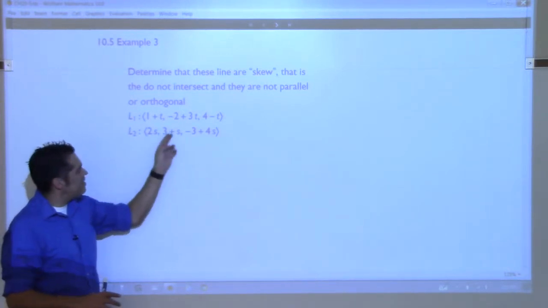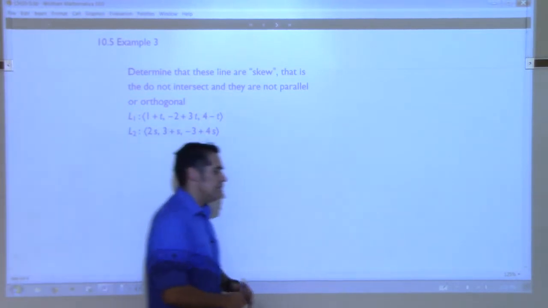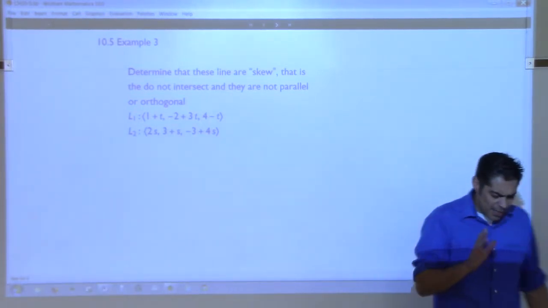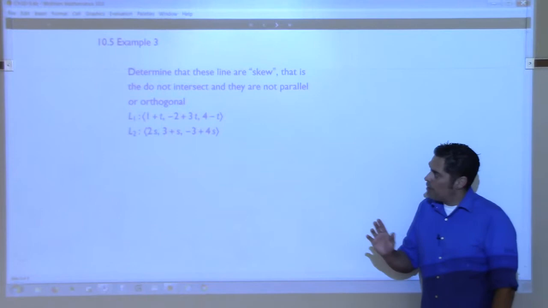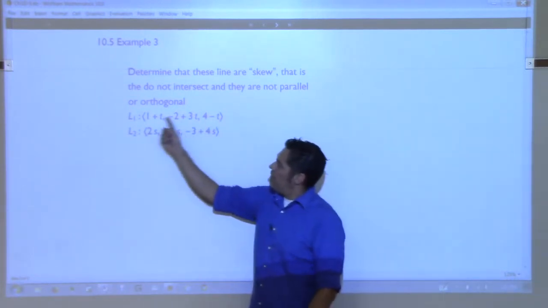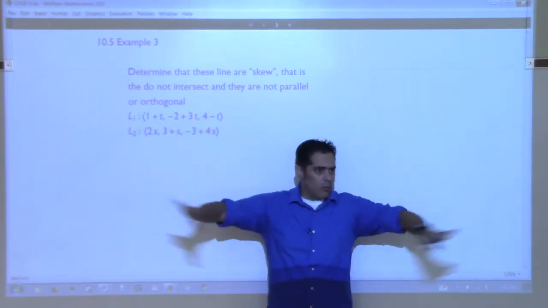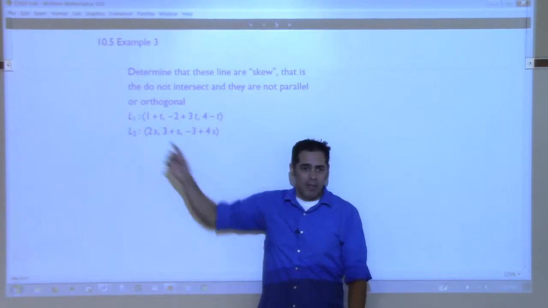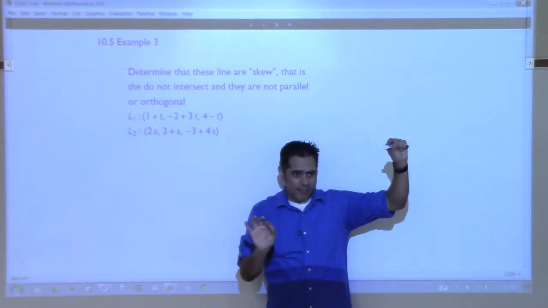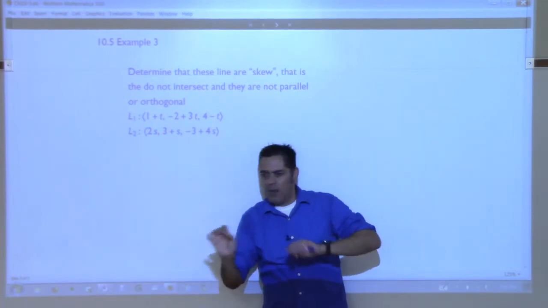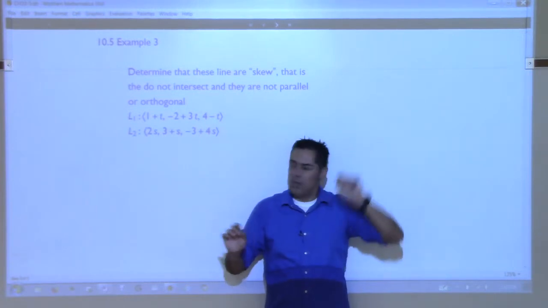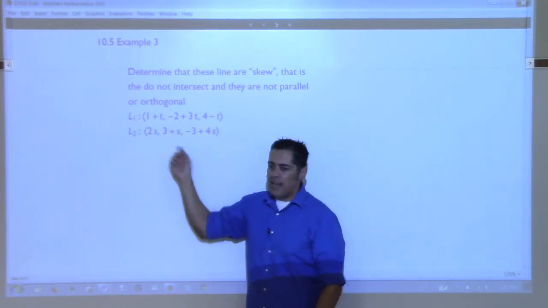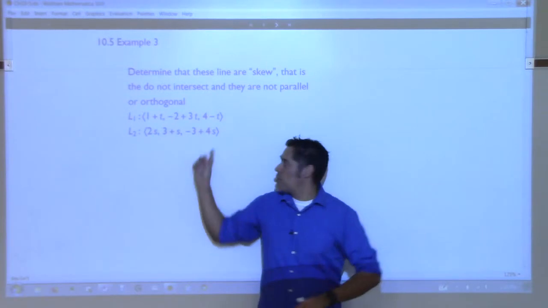The reason I'm using s and t, using different variables, is because, and this is kind of subtle but important, if I let t vary through all real numbers, I'm going to draw a line, but it's going to draw it one point at a time. If t is 0, we're going to be somewhere; if t is 1, we're going to be somewhere else. Here, if I let s vary through all real numbers, I'm going to draw a different line.